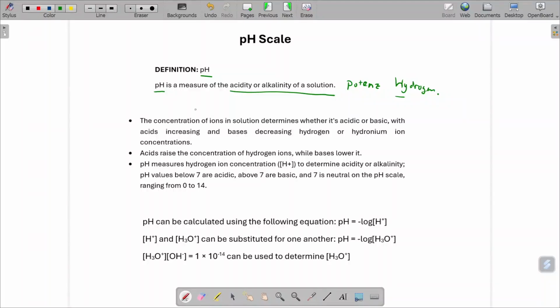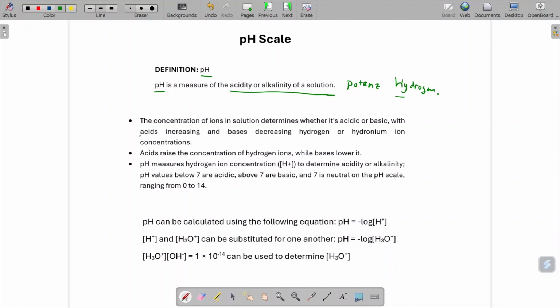And the hydrogens, these are the protons that are in our solution. The greater the pH, the lower the concentration of hydrogen or hydronium ions, and the lower the pH, the greater the concentration of hydronium or hydrogen ions.